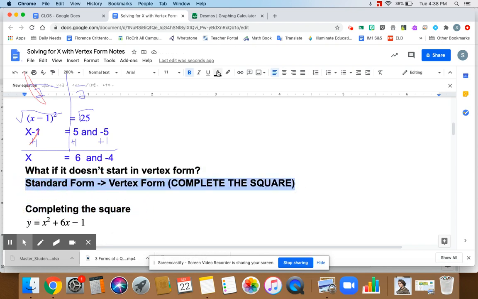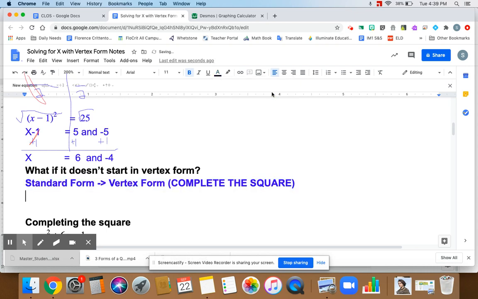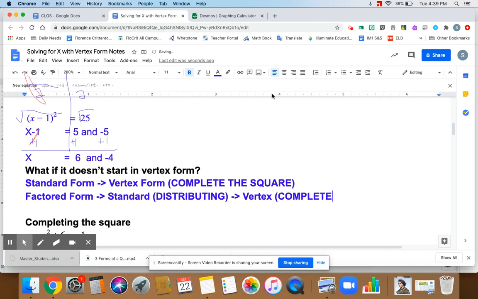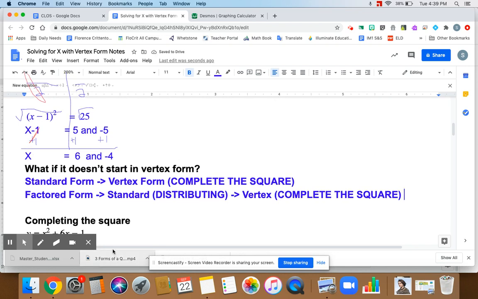And if I start in factored form, first I have to go to standard by doing something called distributing. Then I have to go to vertex by completing the square. So we're going to practice each one of these.